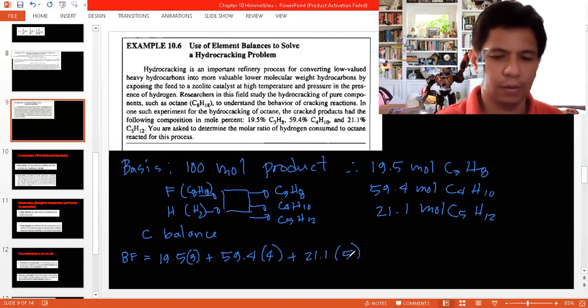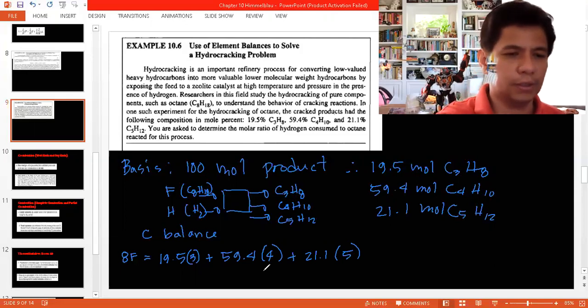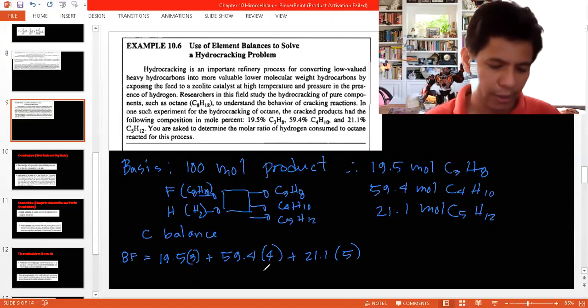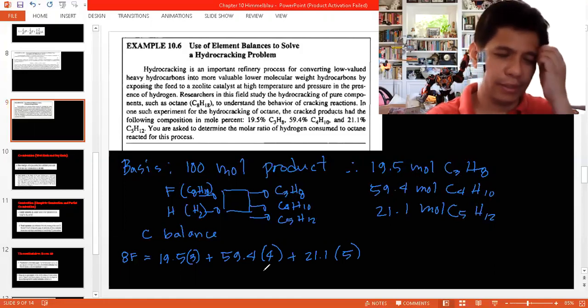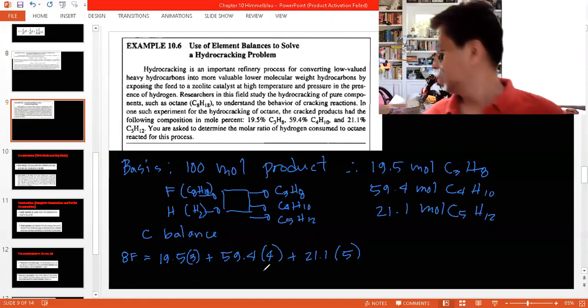Just get your calculator and find F using the solve function. I'm getting 50.2.